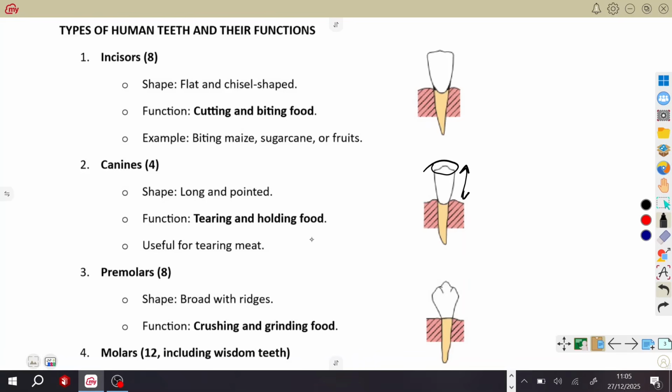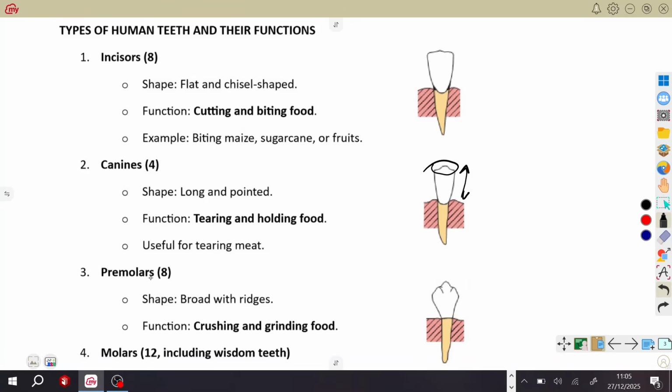When you tear, if it is hard, you tear it apart, more like biting, but a little bit different in the way it is done. So useful for tearing meat. These on the sides are used for tearing. That is their main function, tearing and holding.